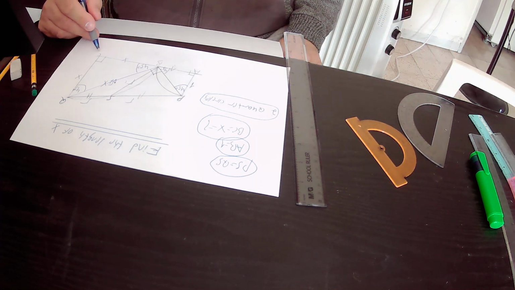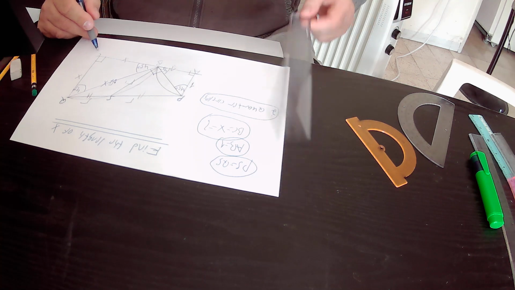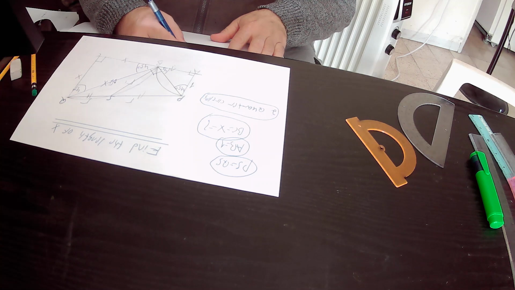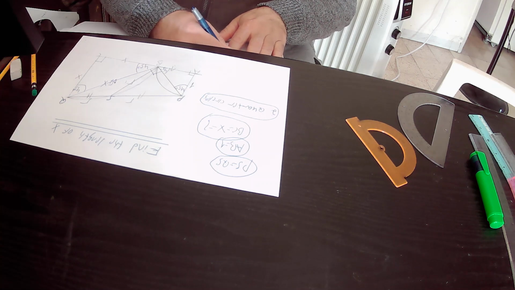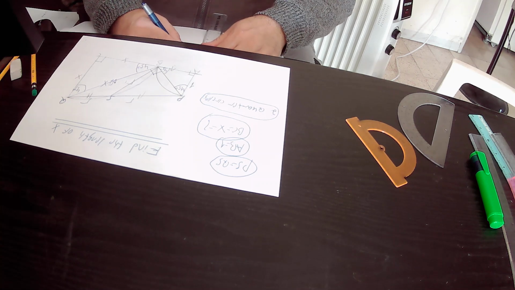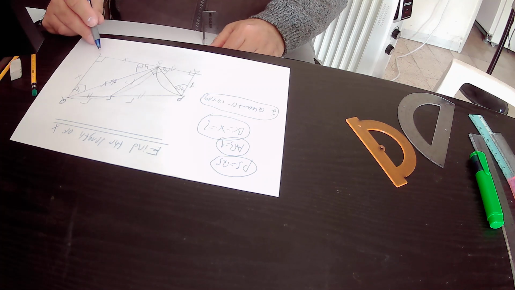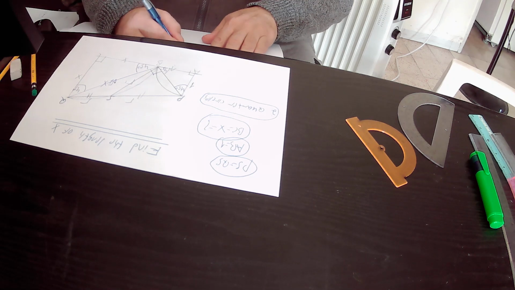Point C is the center of the circle. This angle QCB equals 90 degrees in its size.